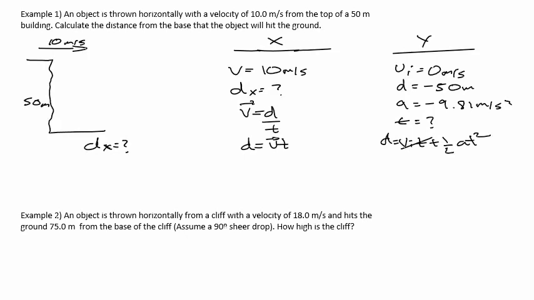vi is equal to 0, so we can eliminate that. Negative 9.81 t squared. Solving for t, you're going to multiply both sides by 10.